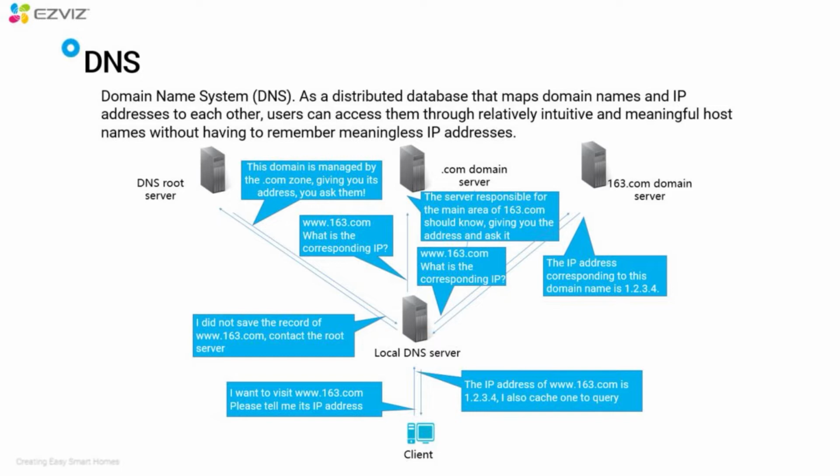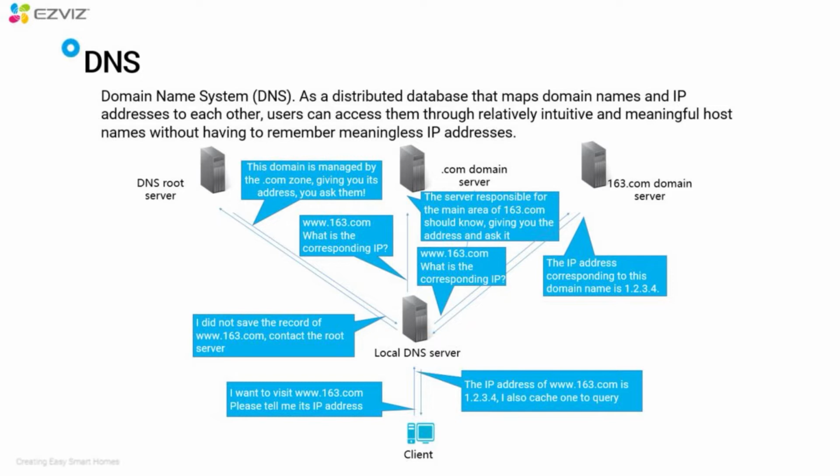Then the local DNS server will access the .com domain servers to find the specific IP address corresponding to, such as, www.google.com. And then the .com domain server will respond with the main area of google.com.